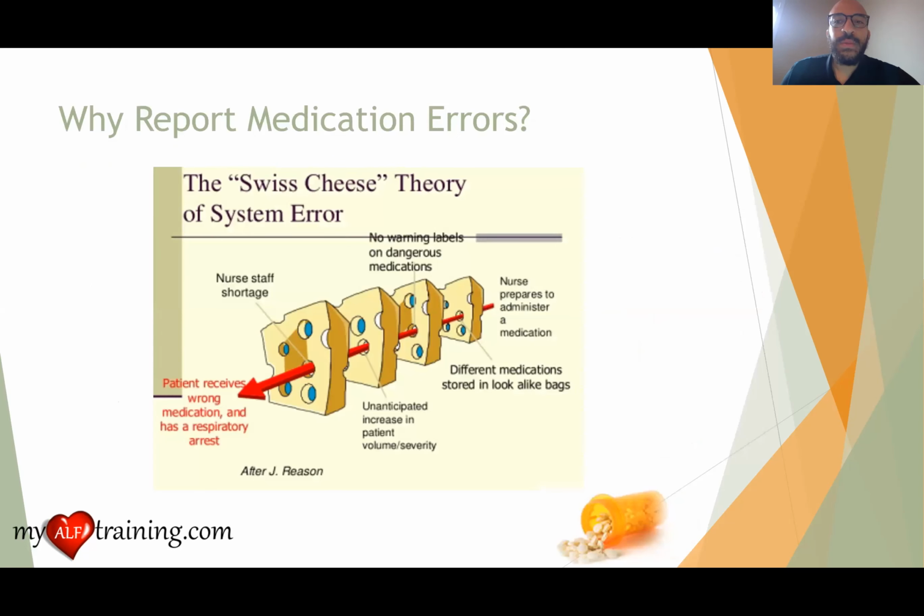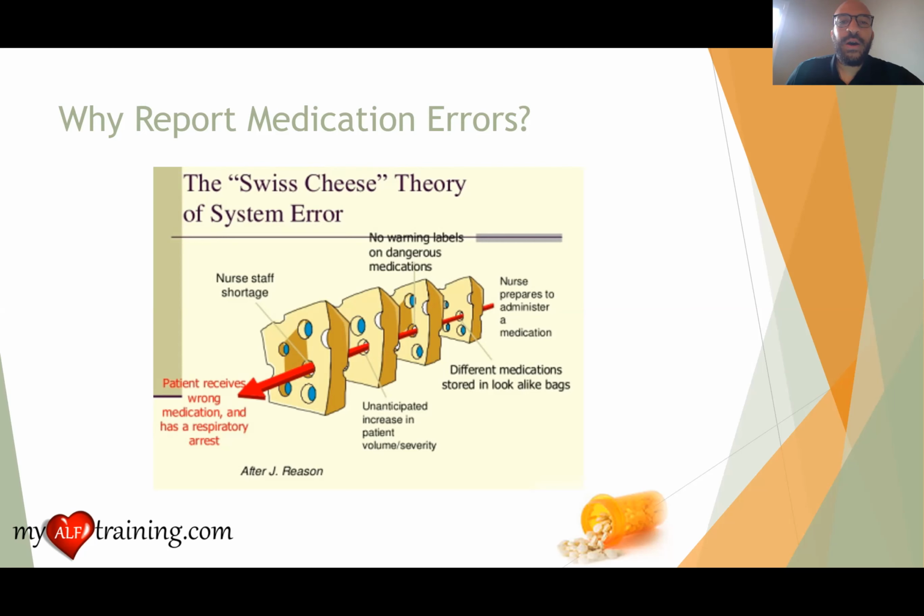So, why should we even report medication error? I included this here, and this is the Swiss cheese theory of system error. You've probably heard this before, but I'm using it here to demonstrate why it is important to report medication error.